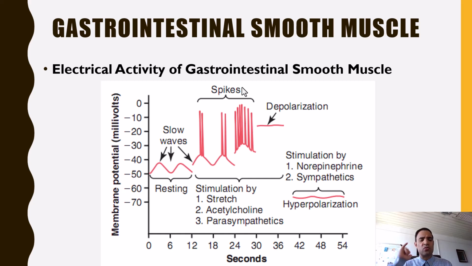You remember we told you in cell physiology and muscle physiology that excitable cells have a baseline resting membrane potential that is generated by the function of different pumps and different channels.